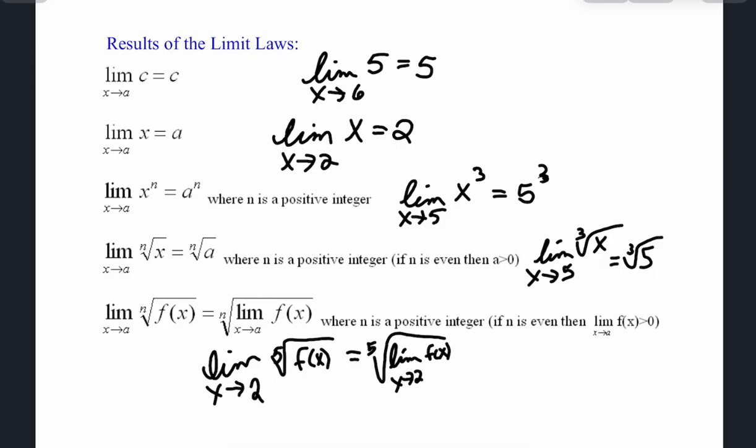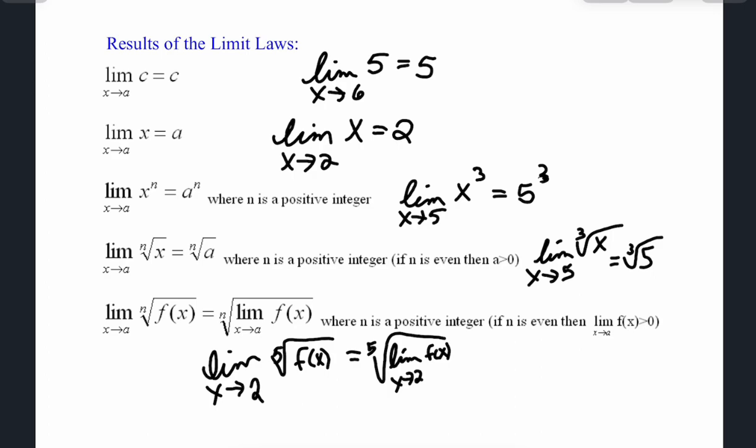And I've tried to include an example. They've mentioned that your function would have to be positive if n is even.